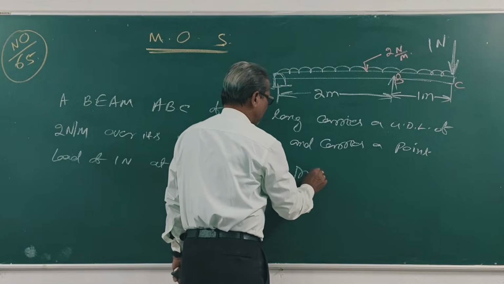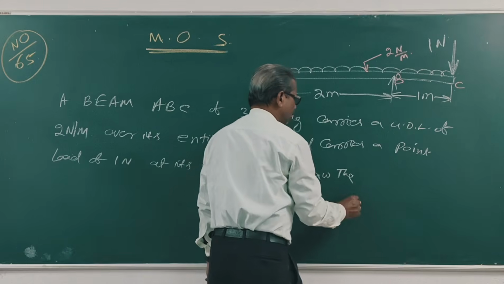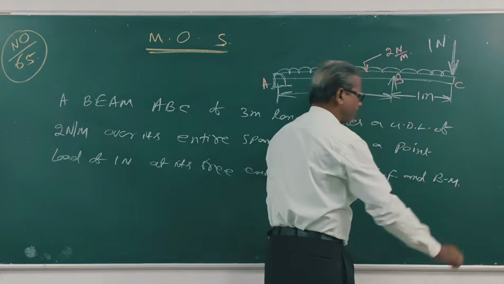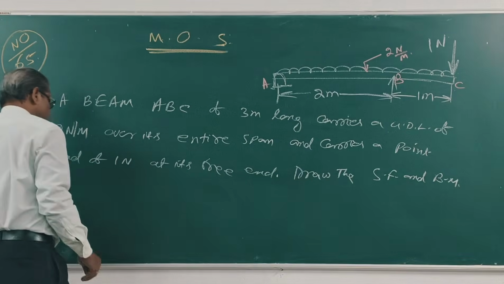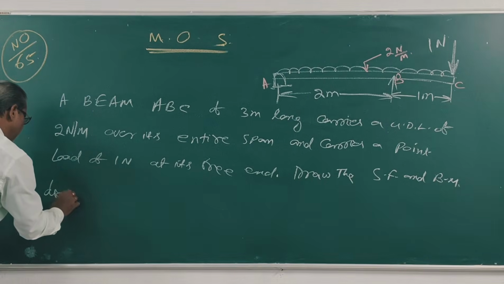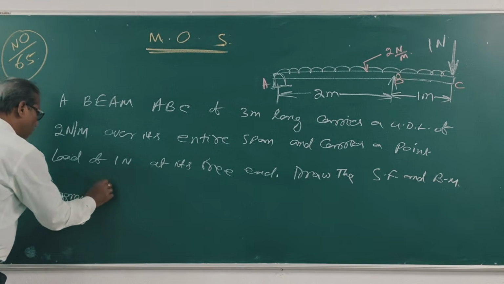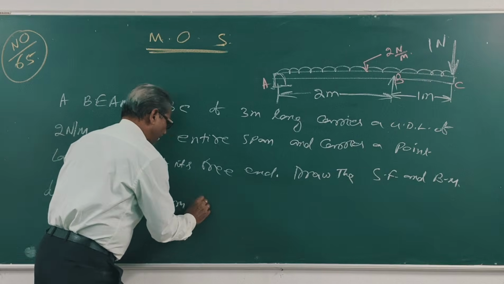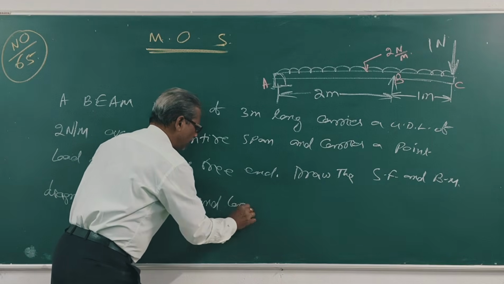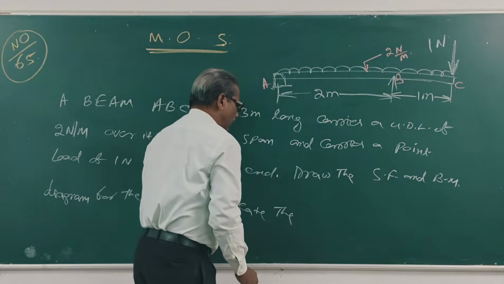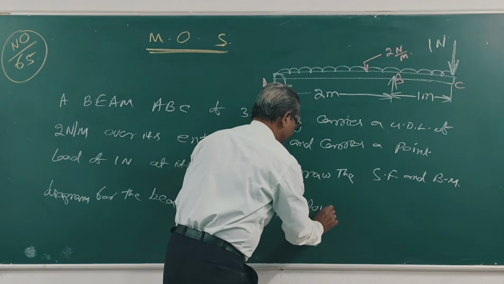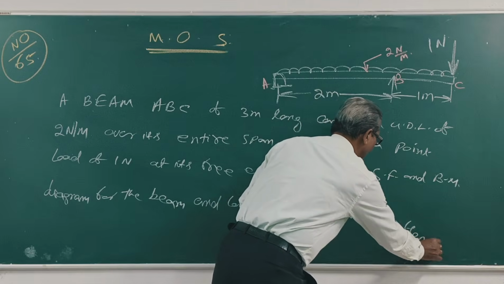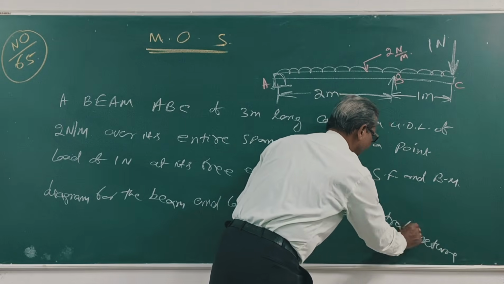Draw the SF and BM diagram for the beam and locate the point of contraflexure. Clear?